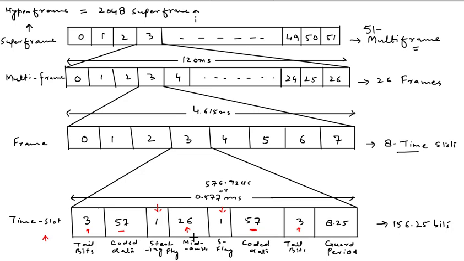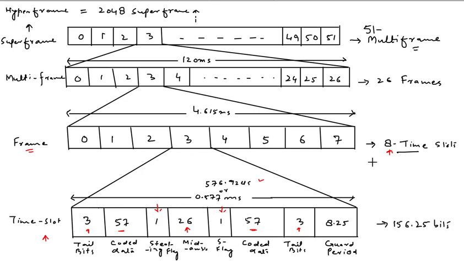Fine. Now we see that by combining 8 different time slots, we get a frame. Also I must tell you that the time period for one time slot transmission is 576.92 microseconds, or 0.577 milliseconds, is the time taken by this one time slot for the data transmission.